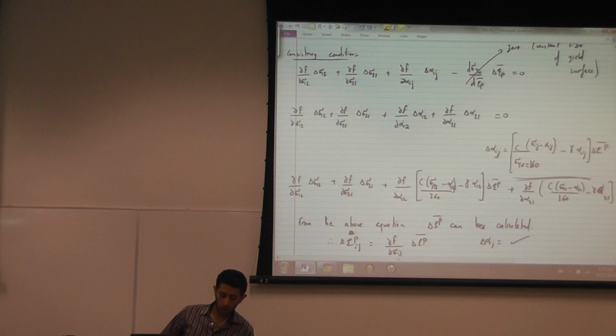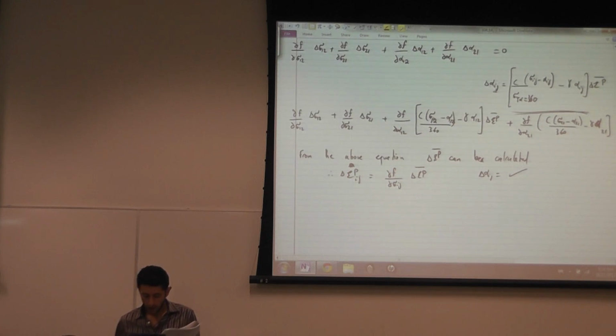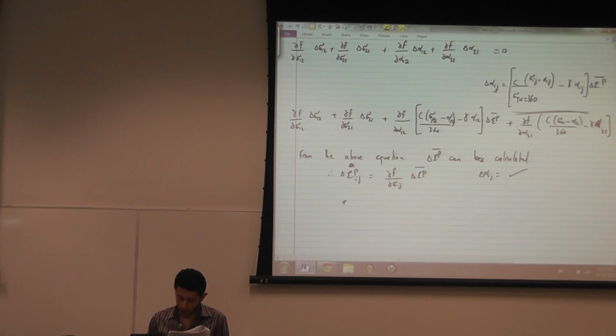And so in your notes you have a table of the integration, and the alphas. Of course, epsilon p ij is equal to the sum of the deltas, and alpha ij is equal to the sum of the deltas.